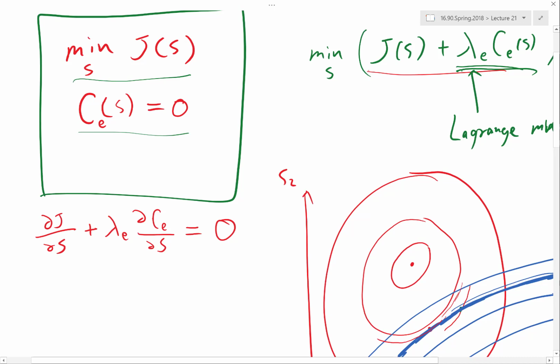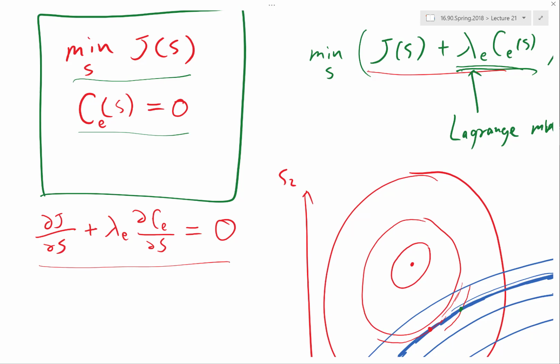Another thing is that this equation has how many variables and how many equations? If you assume you know the form of J and CE and you want to solve it, how many equations does it have, and how many unknowns? If S has n variables, we have n plus 1 unknowns, but only n equations, right?